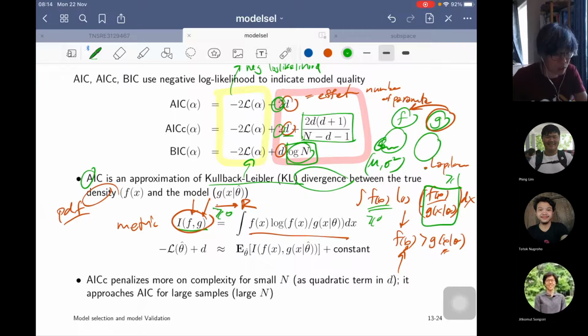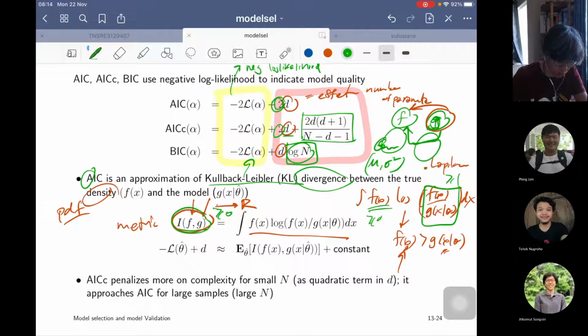Of course, the higher the value, the further away G is from F. So if you assume the model correctly, you will get a smaller value of KL divergence. That is the statistical point of view.